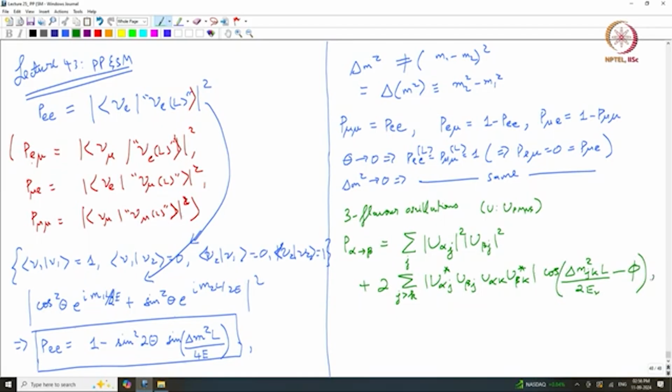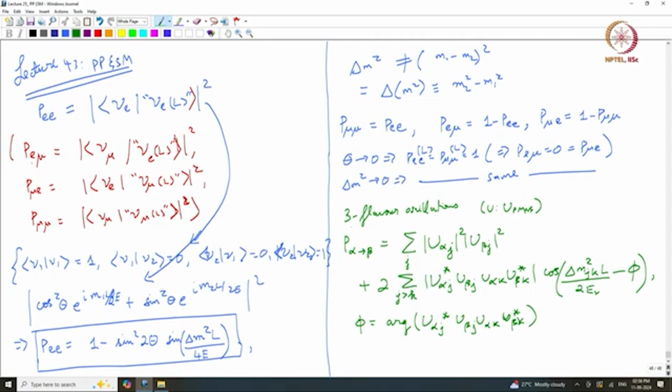It is an interesting phase. The phase is nothing but the argument of this combination of complex numbers, U_βk*, okay?